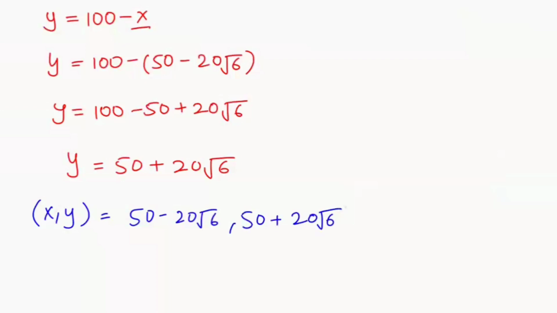Now I am going to check my answer. We are going to take the first equation, x plus y equals 100. Now I am going to plug in the x1 and y1 values.